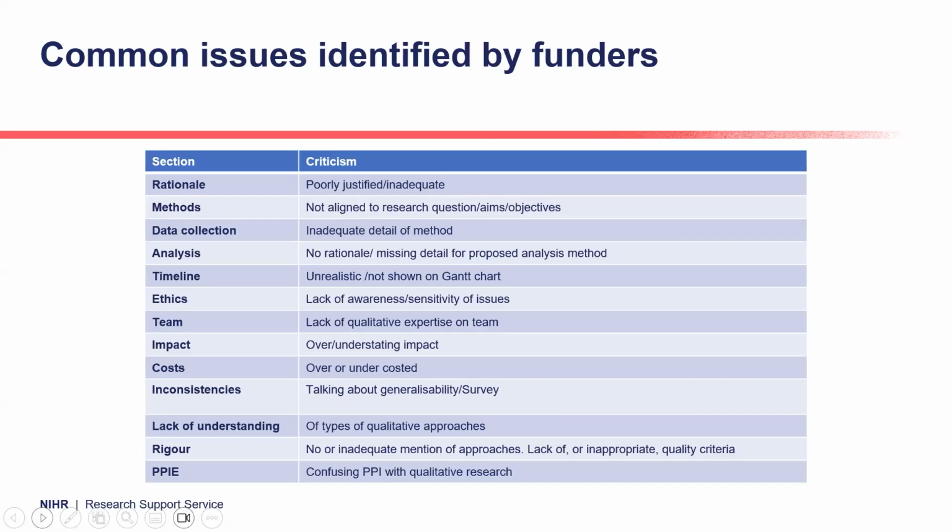Also there are issues of not showing understanding of qualitative approaches, for example, talking about generalizability or surveys. So not being coherent and consistent in using qualitative approaches, but also issues related to, for example, unrealistic timelines or not addressing ethics and rigour in your study design, or perhaps lack of expertise in the team.